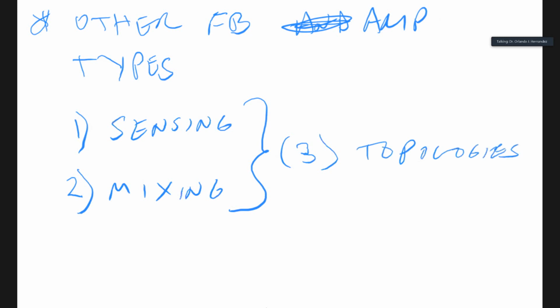So in essence, we can build a table. So we can say here sensing, mixing. What is the AF for that case? What is the amplifier type?